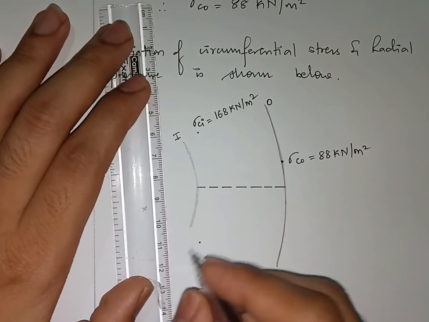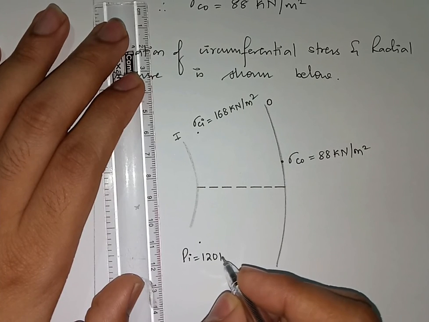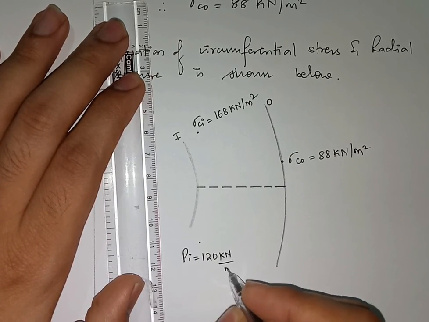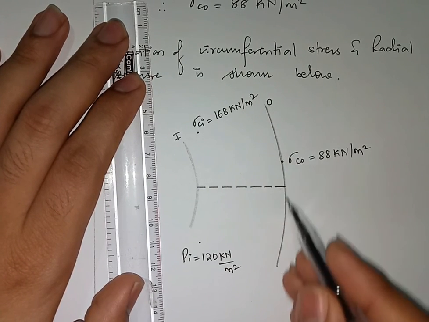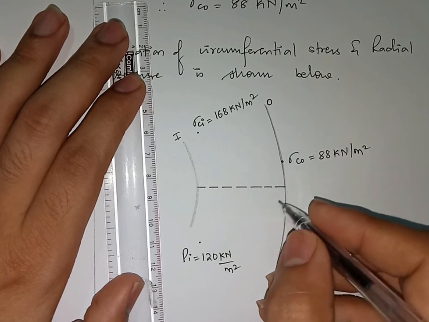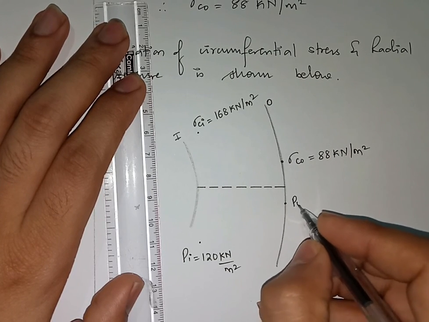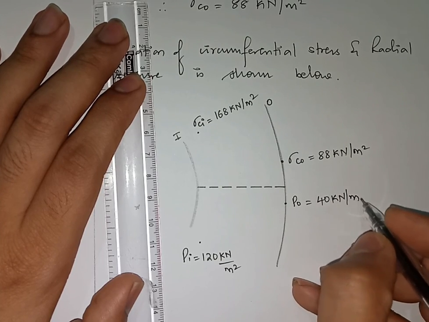So I'll mark it here. So this is Pi is 120 kilonewton per meter square and P naught is 40. So this is the outer surface. So P naught is 40. So let me mark it here. So this is P naught is 40 kilonewton per meter square.